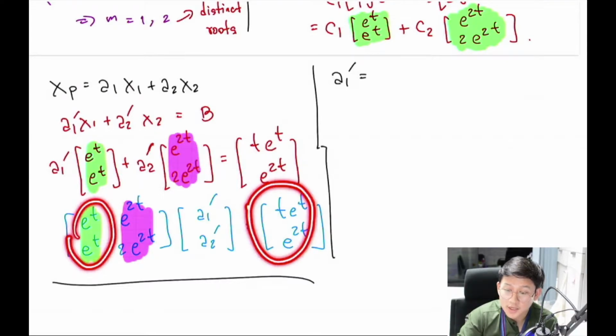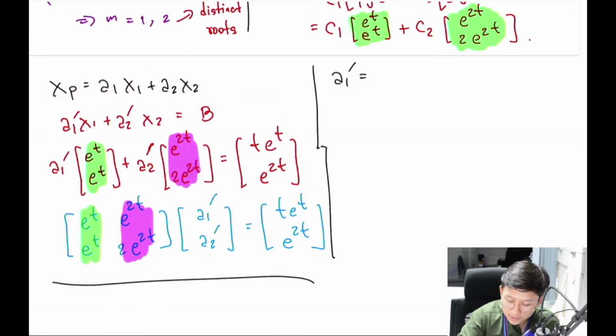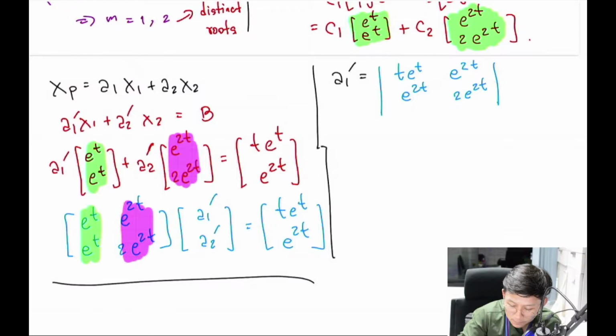That is Cramer's rule, if you remember. So we need to find this matrix, which is t e to the t, e to the 2t, and then e to the 2t, 2e to the 2t, divided by this matrix, which is e to the t, e to the t, e to the 2t, 2e to the 2t.